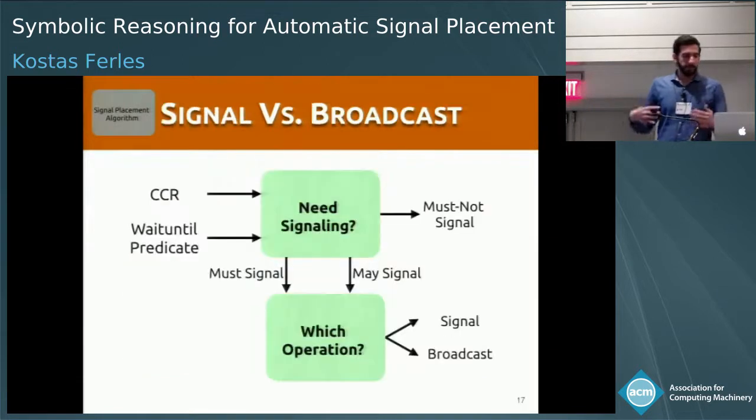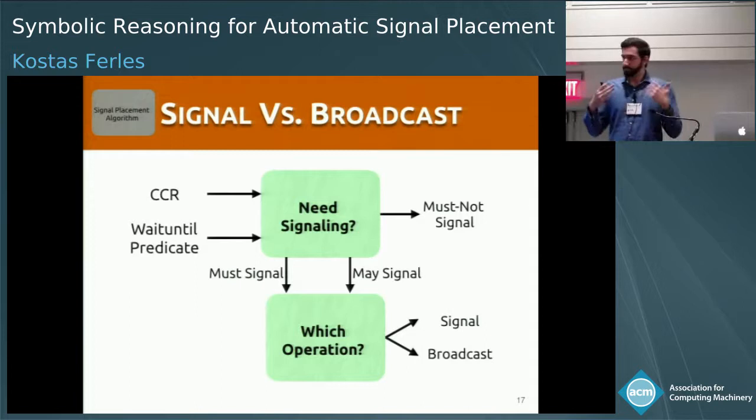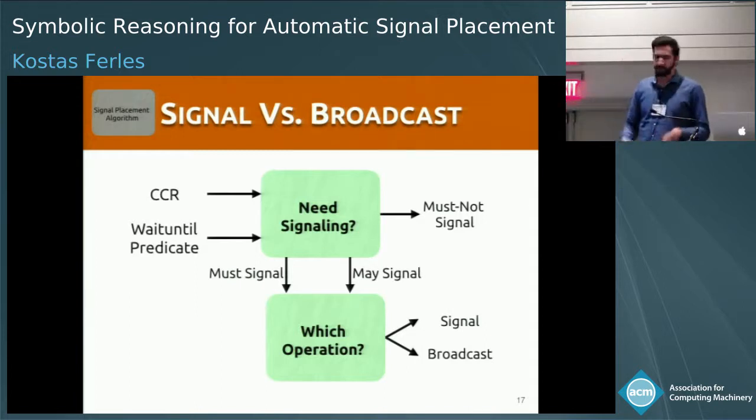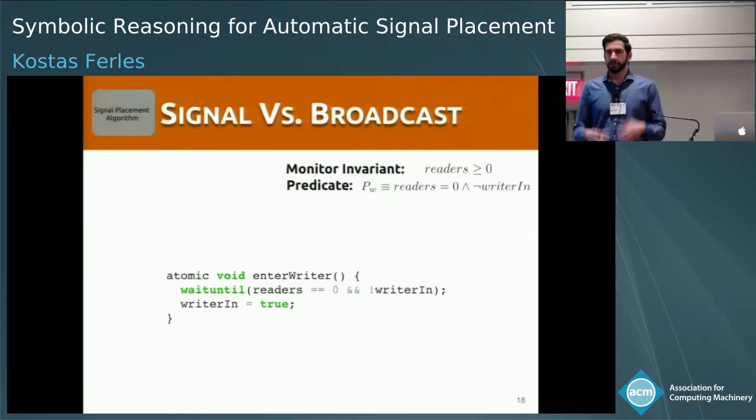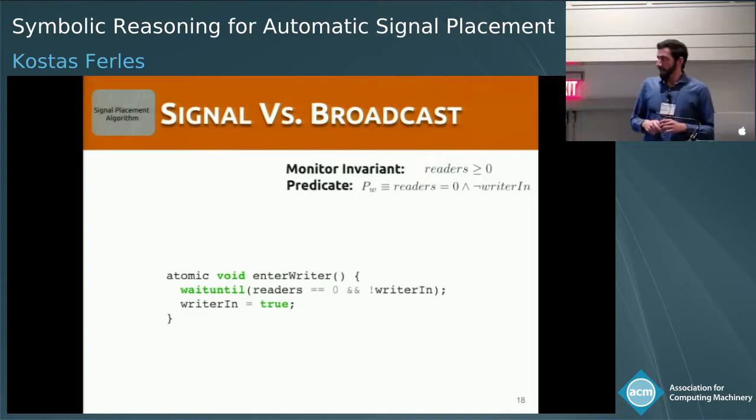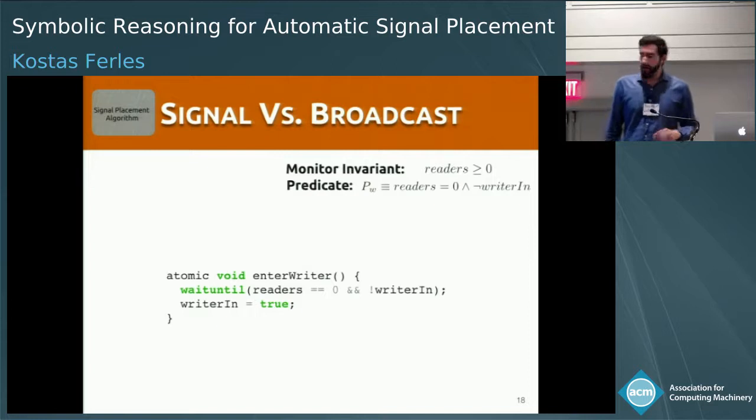Now let's go back to our bigger picture and move to our second box here and see how our algorithm is going to decide between a signal and a broadcast operation. For that, let's again consider some blocked threads, some writer threads blocked on their wait until predicate PW. In order to decide between these two operations, our algorithm is going to ask the following question.